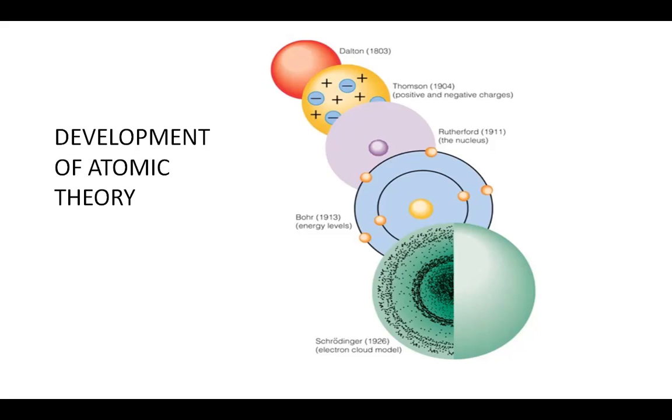Then in 1913, Bohr identified the energy levels in combination with Rutherford's work, and I will show you how that is possible with the Thomson and Rutherford theory. And then in 1926, the electron cloud model was introduced.